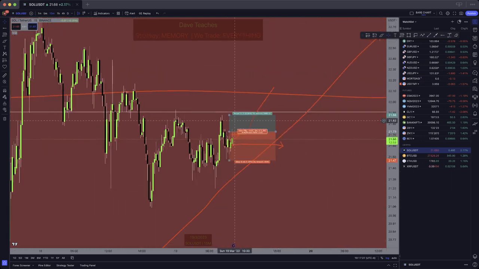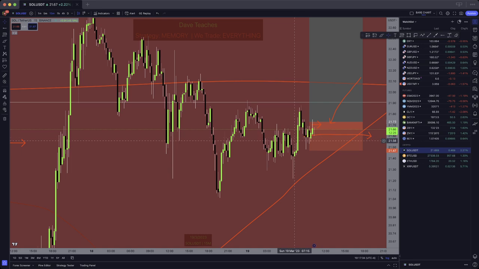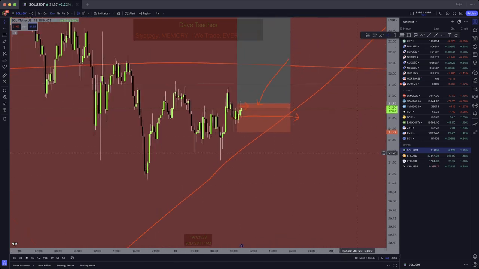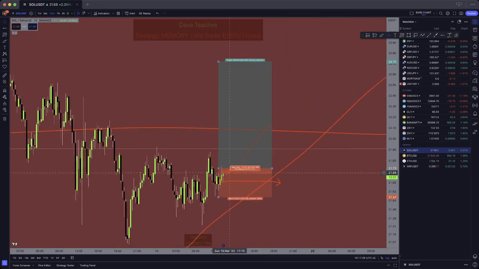But the original bias was to the moon, because of an imbalance and not knowing where you are in structure. Chased that, took the L, now trying to find another entry.